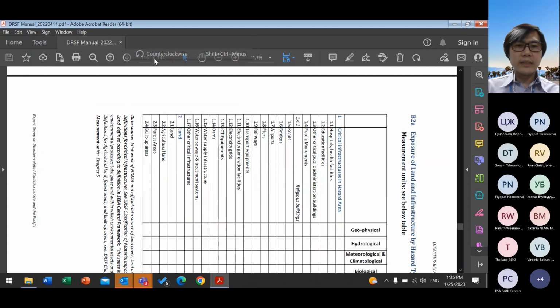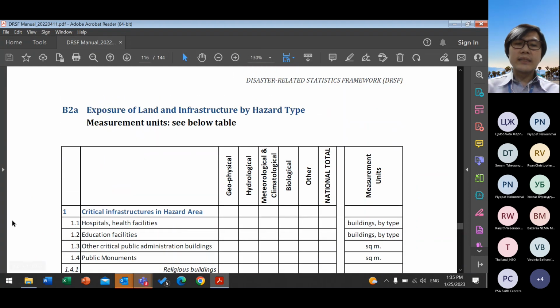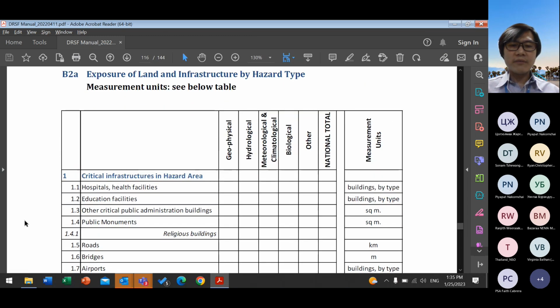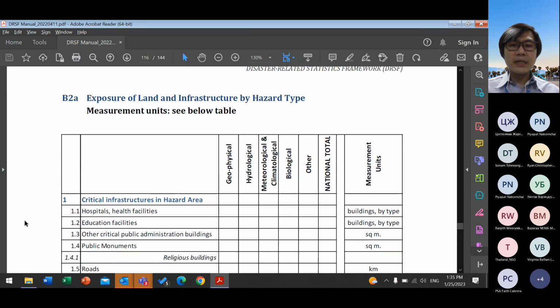The next table that Mongolia and Bhutan looked at was the table B2A. So let me rotate. And this again is also exposure information. Now we have the table a bit different. The disaster types are in columns because there's a lot of things that we want to capture in the rows. So in table B2A, we focus on land and key infrastructure of the country that are exposed to different kinds of hazards.